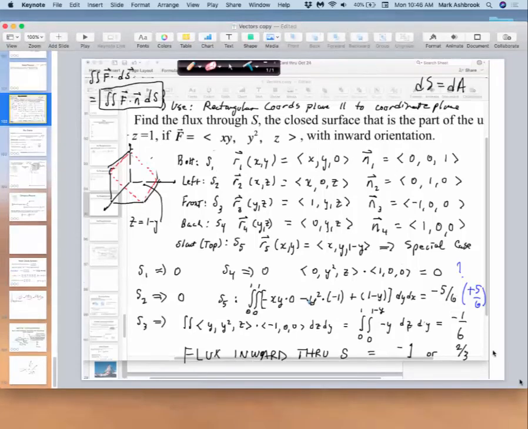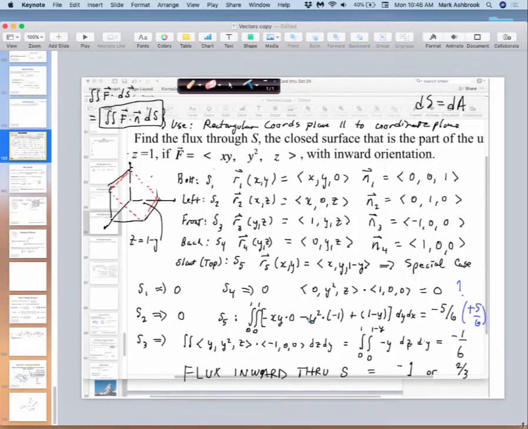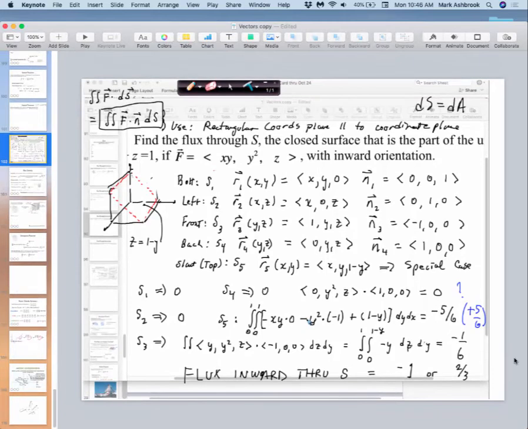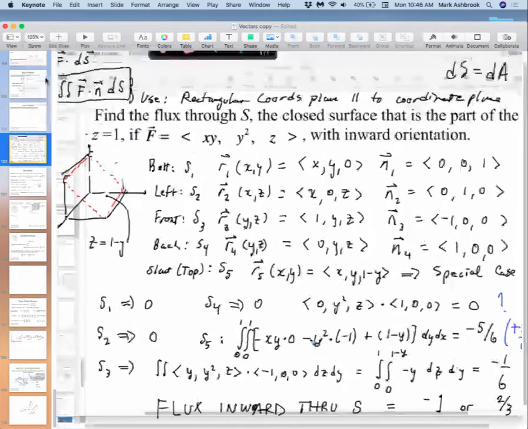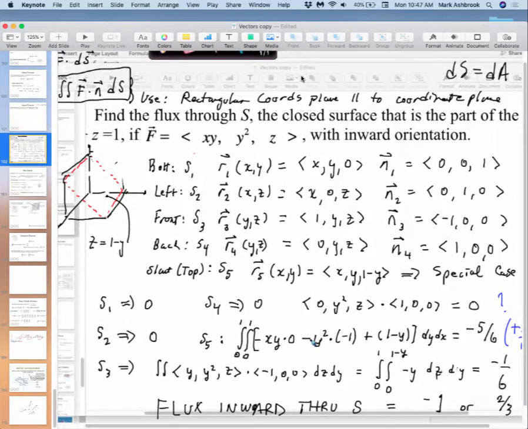Yeah, okay. We did the flux out of the wedge, right? And we did the bottom and the left, and the front, the back, the side, and the top, and all this. And then we did the top, this red ramp.